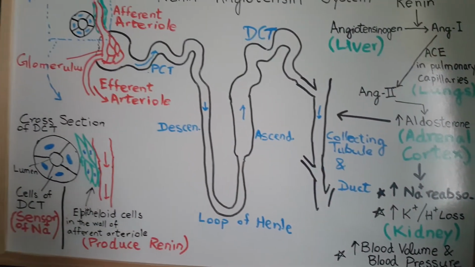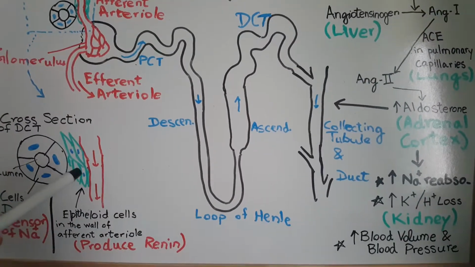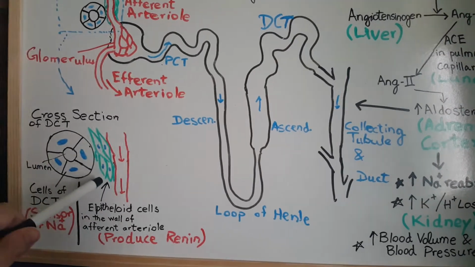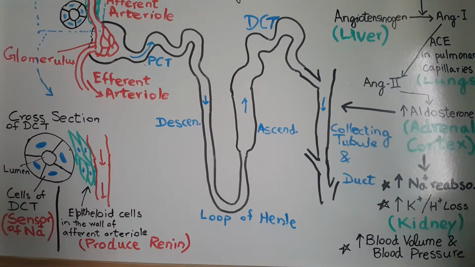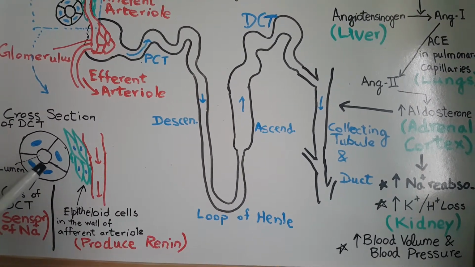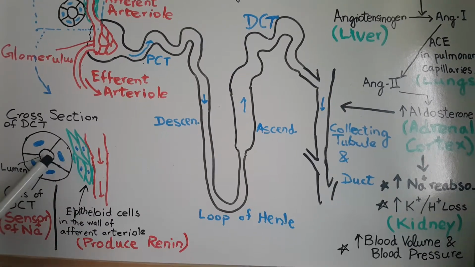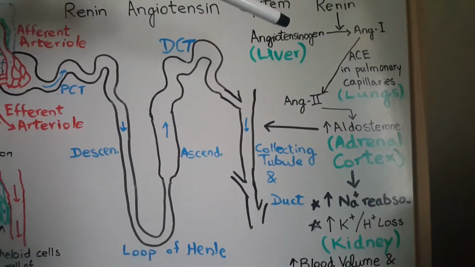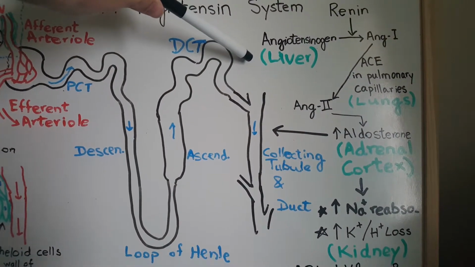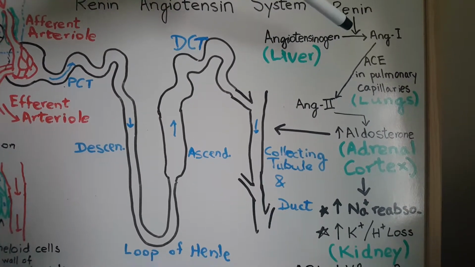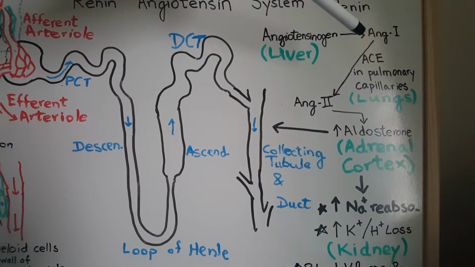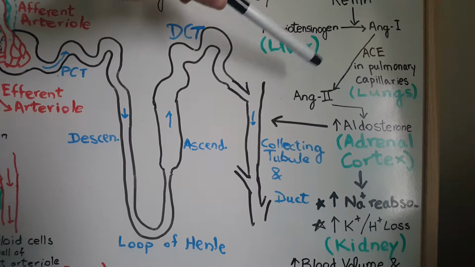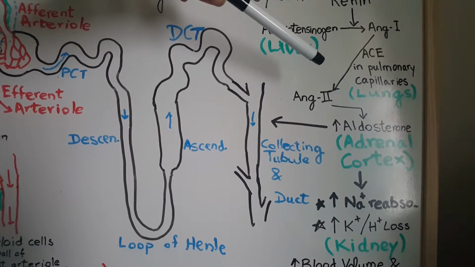So, in summary, renin is produced from the epithelioid cells present in the afferent arterioles of the kidney whenever there is hypotension or low sodium level in blood. Renin acts on angiotensinogen produced by the liver, and converts it into angiotensin 1. Angiotensin 1 is converted into angiotensin 2 by the enzyme angiotensin converting enzyme present in the lungs.